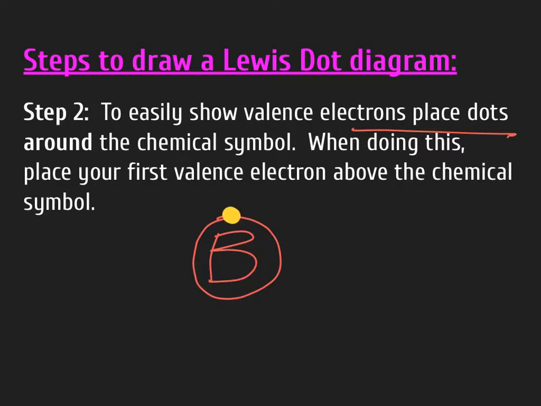So I always put my first one here, and then I work my way around clockwise. 1 on the top, 2 on the side, 3 on the bottom. So this gives me a quick visual, all right? Boron has 3 outer electrons, and then I can start thinking about, will it gain or will it lose?